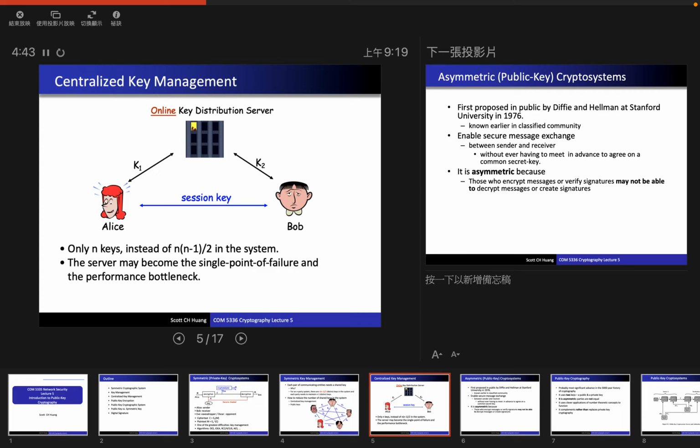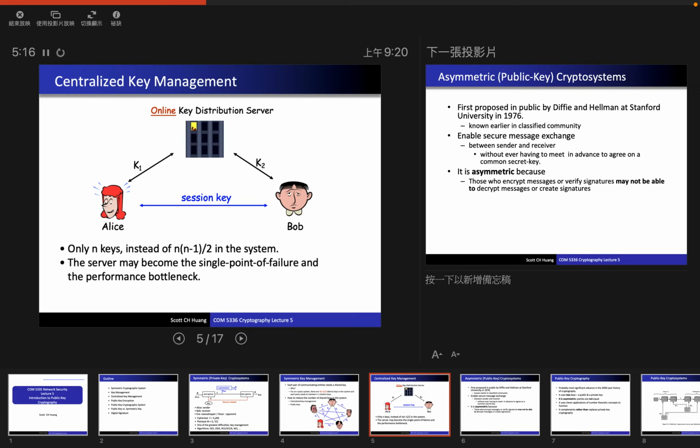If one party wants to talk with another, he or she has to communicate with the server to acquire a session key. In this scenario, each party only has to share a key with the centralized server. This brings down the number of keys from the scale of n squared to the scale of n, which is linear.